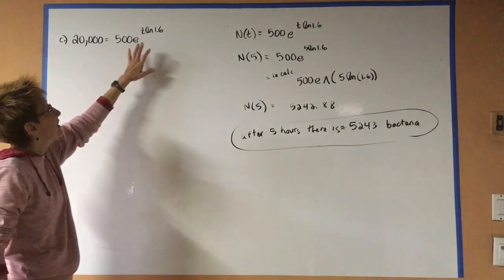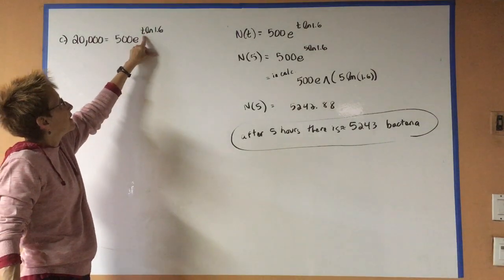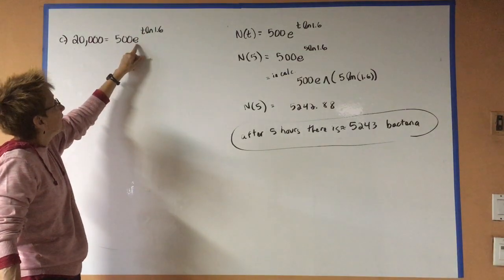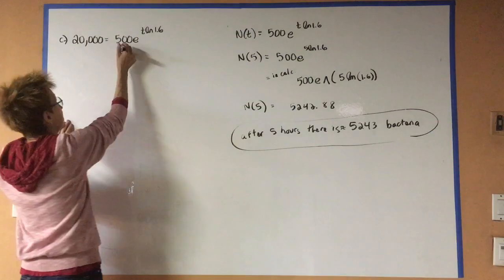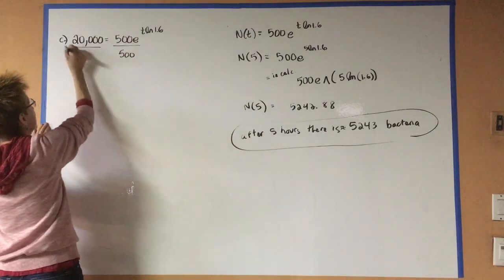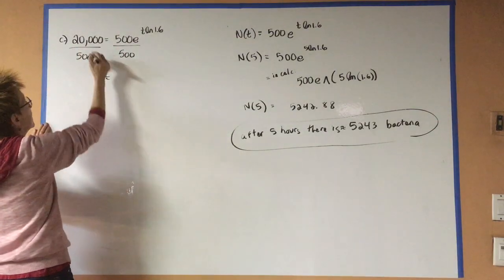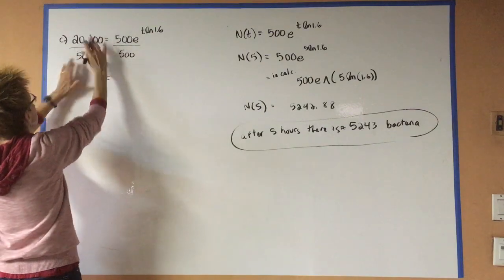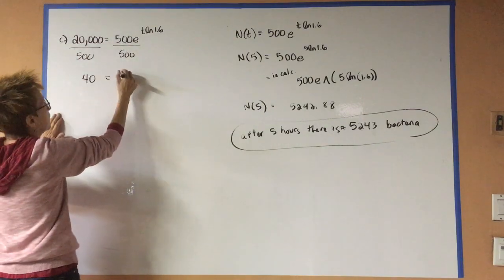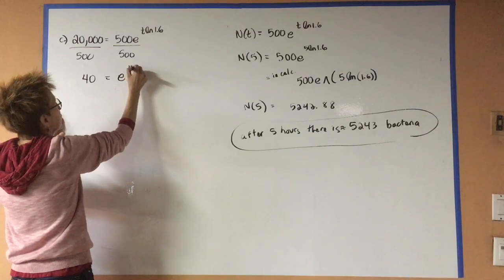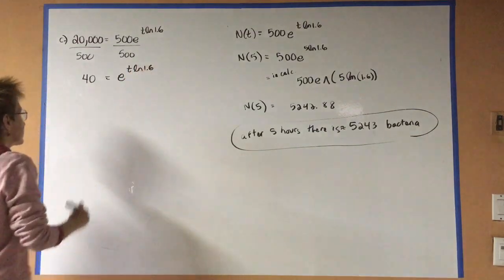Well, again, this is exponential. There's my unknown up there in the power. The e is part of the power, the 500 isn't, so I'm going to divide away the 500. This gives me 40 equals e to the t ln of 1.6.